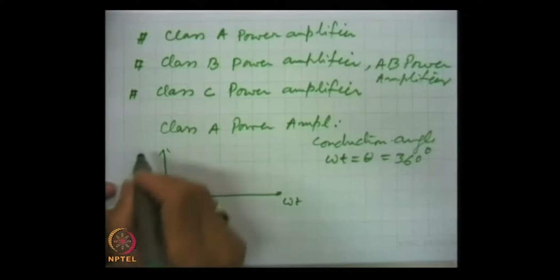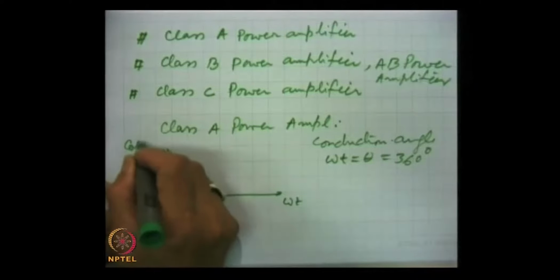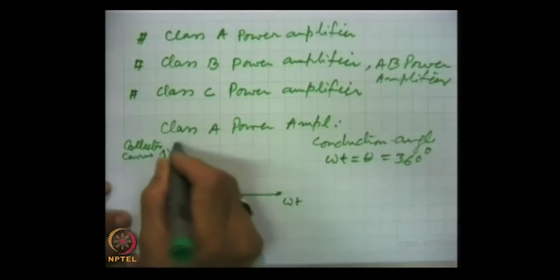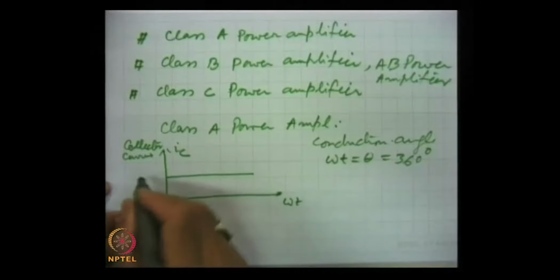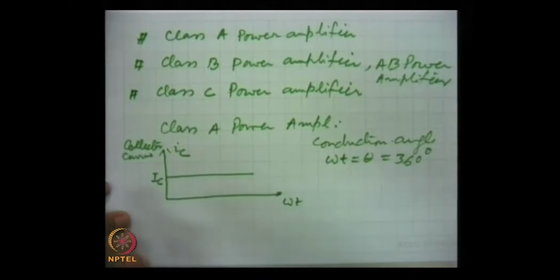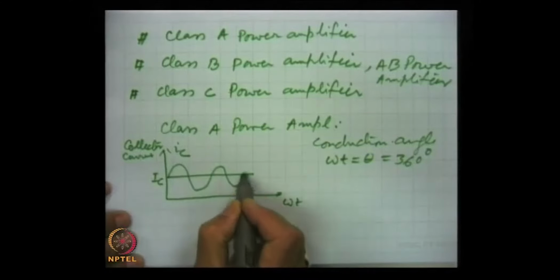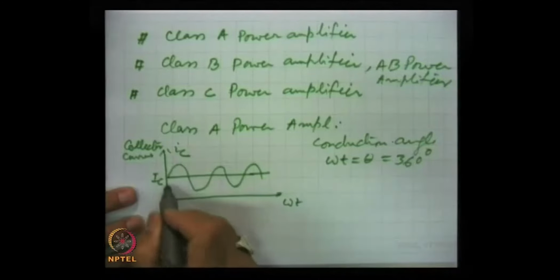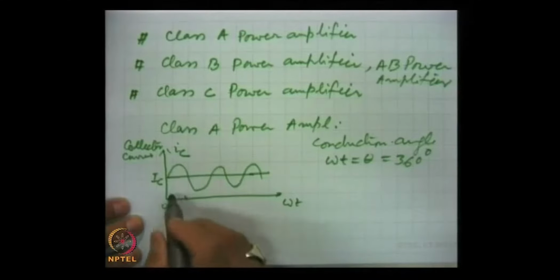That means here this is the collector current, IC, and this is the DC current over which there is a conduction, the collector current flows for all 360 degrees.